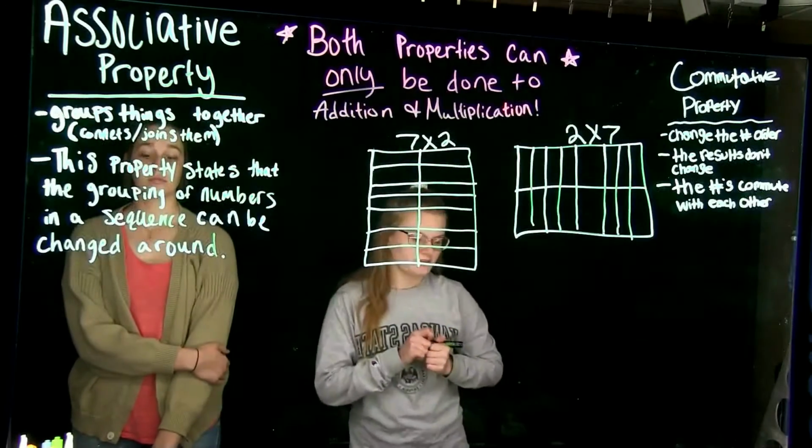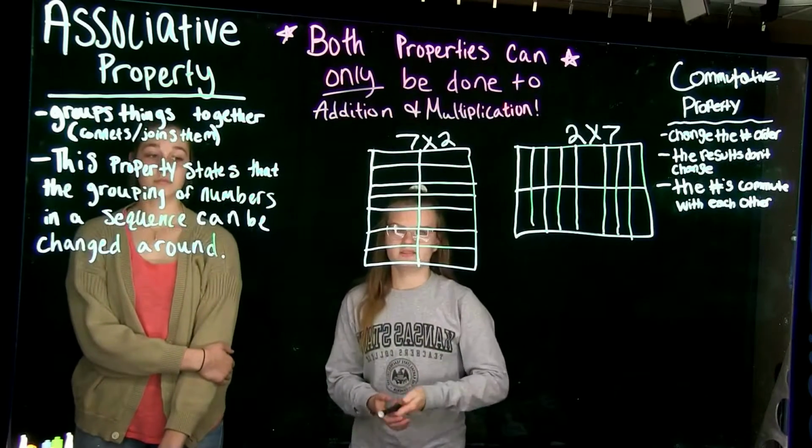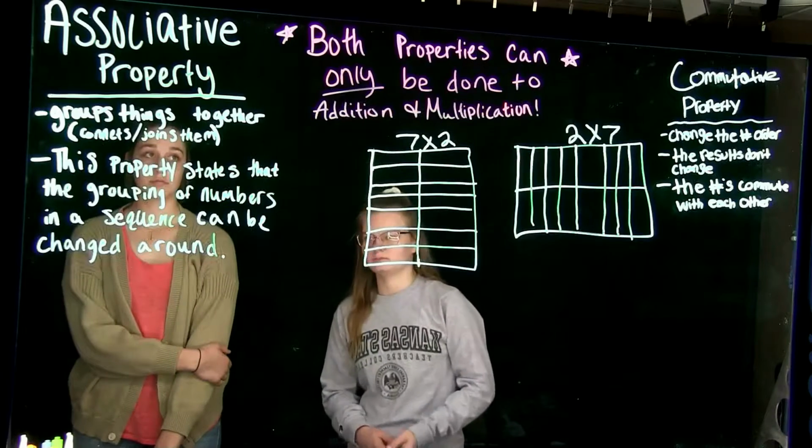And you can do 2 groups of 7, which equals 14, and they're always the same, even if you change up the order.